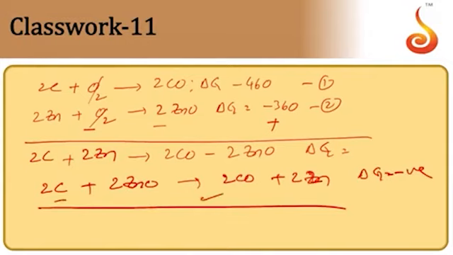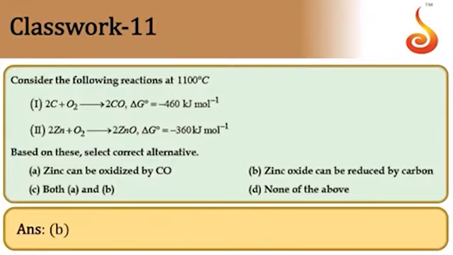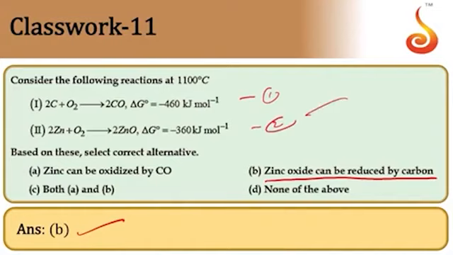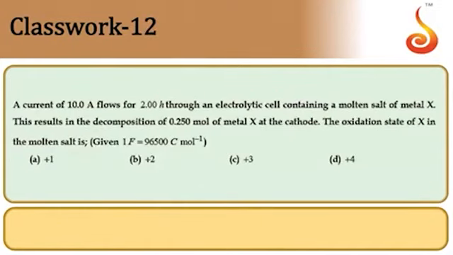That implies carbon can be used as a reducing agent to reduce zinc oxide to zinc. So answer must be option B. Zinc oxide can be reduced by carbon. Option B. So what we have done is we have subtracted equation 1 minus 2, because 1 minus 2 gives a negative value of delta G, implies spontaneous reaction.